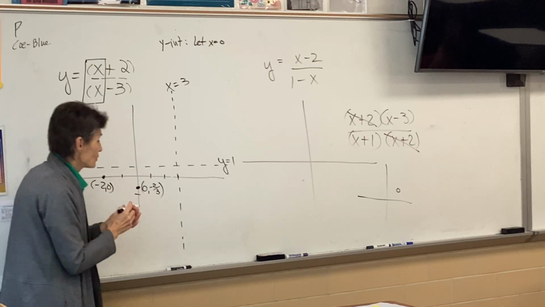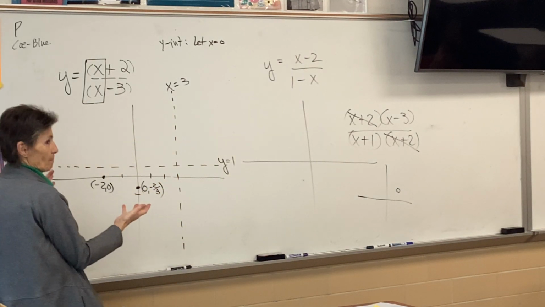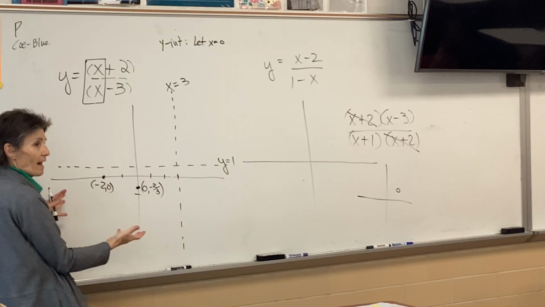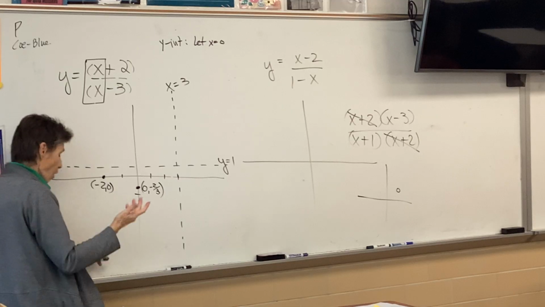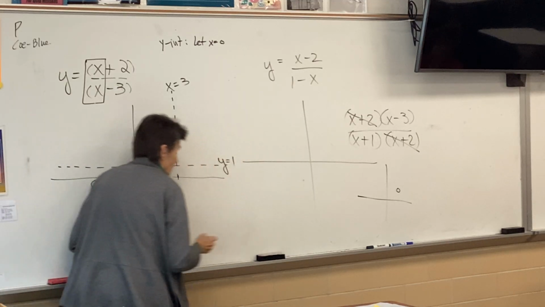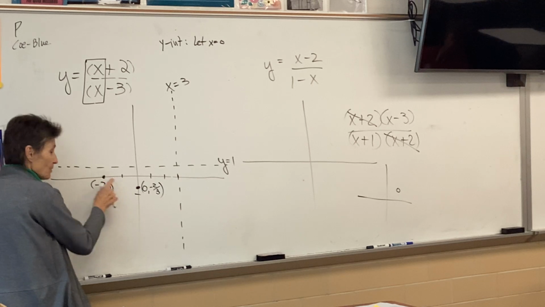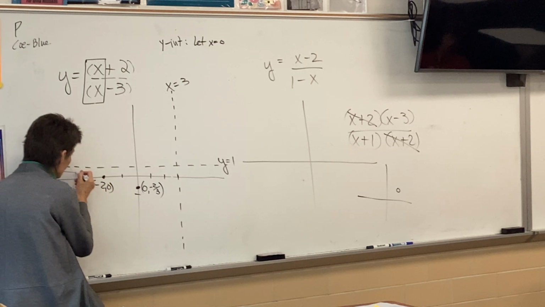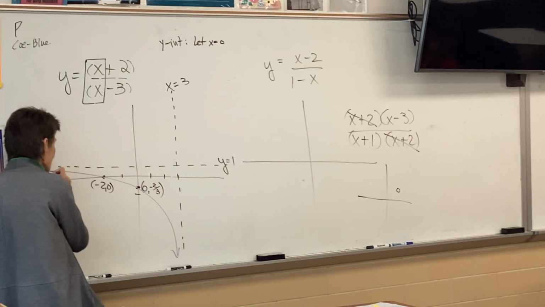Okay? So, now, this is where I am. This is what I have. And I have to somehow draw a picture from this. See these 2 dots right here? They're going to be connected. And the shape I'm going to get looks like that.